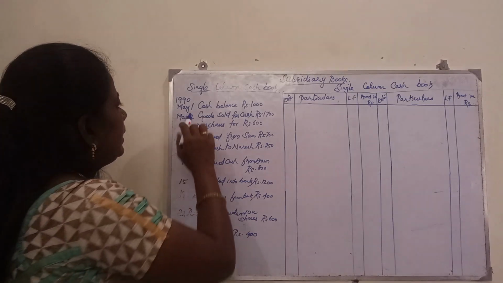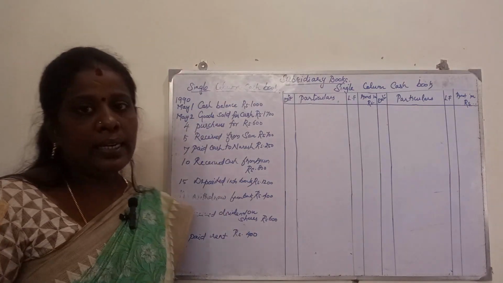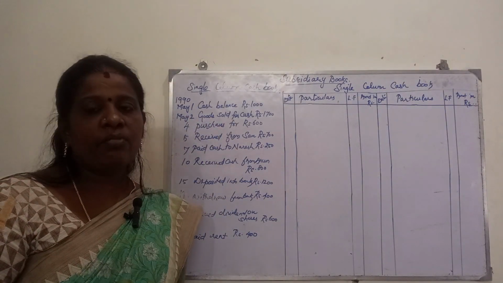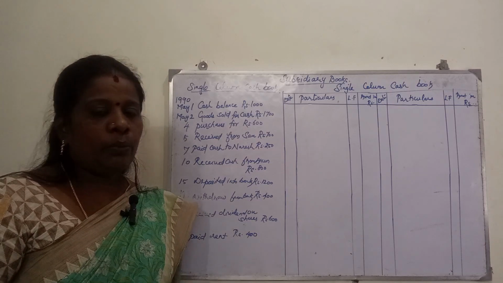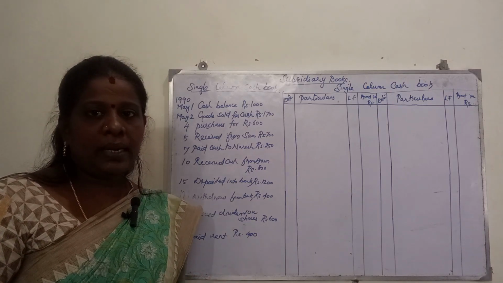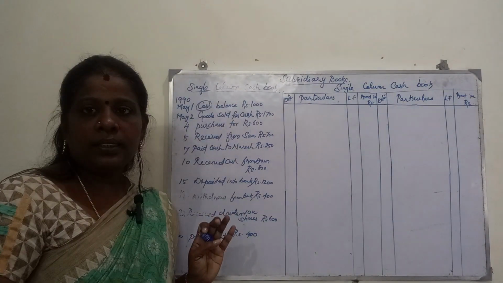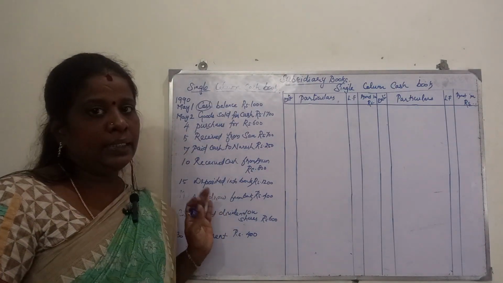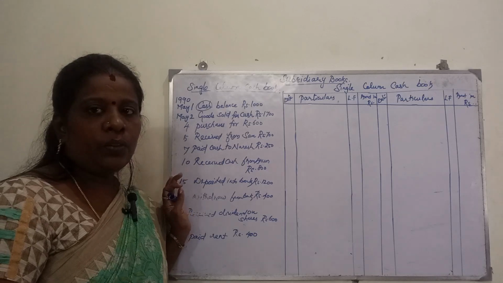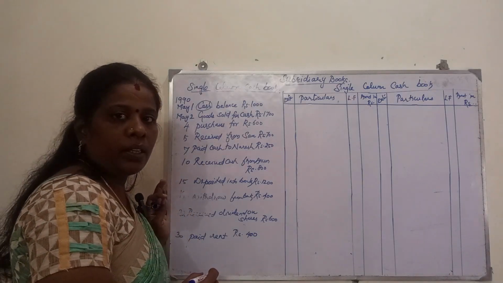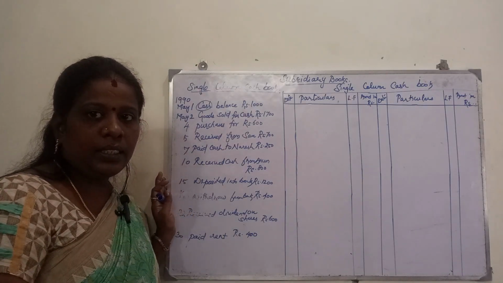On 1990 May 1st, cash balance. In each and every problem, first they give the balances. Cash balances are always debit balances, because cash is the amount which is in hand.